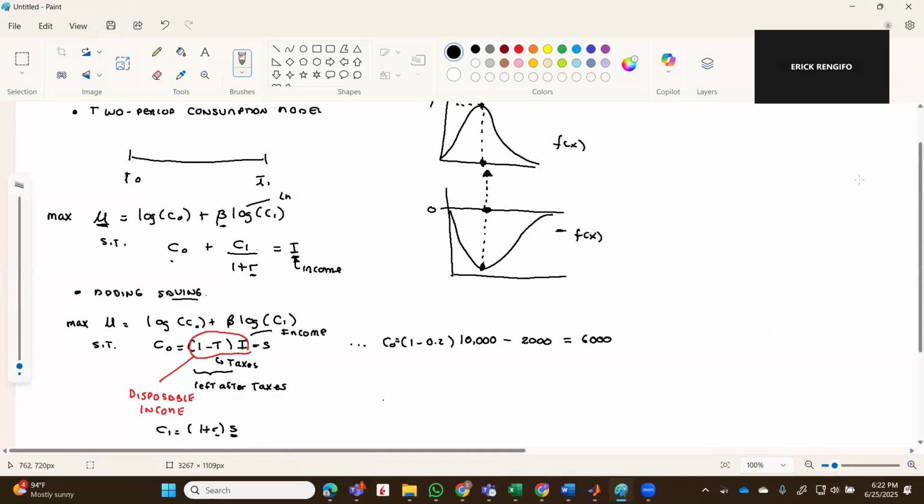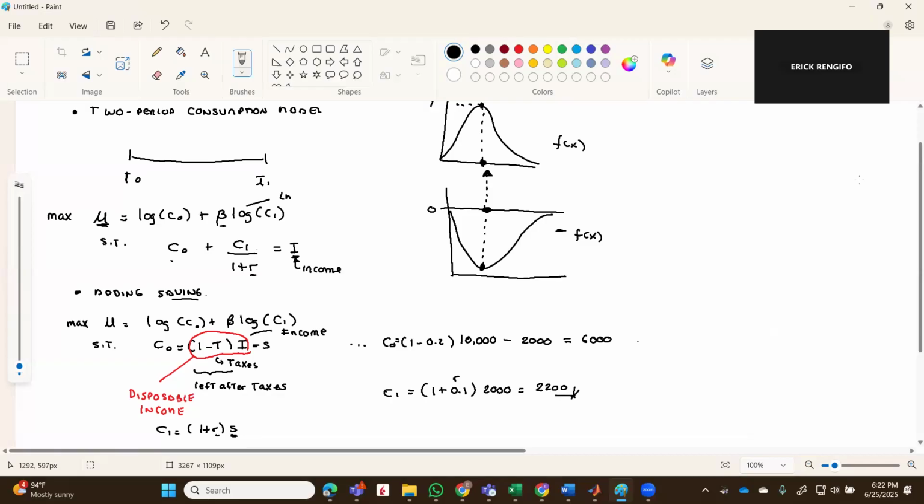And now assume that in period 1, what I will be able to consume is basically, let's assume that the interest rate is 0.1, and I have saved $2,000. So how much I have for consumption in period 1 is going to be 2,200.